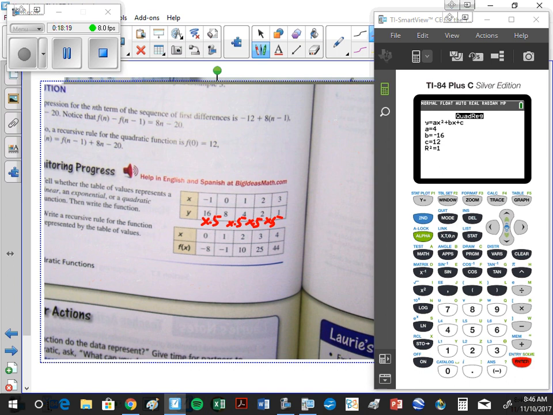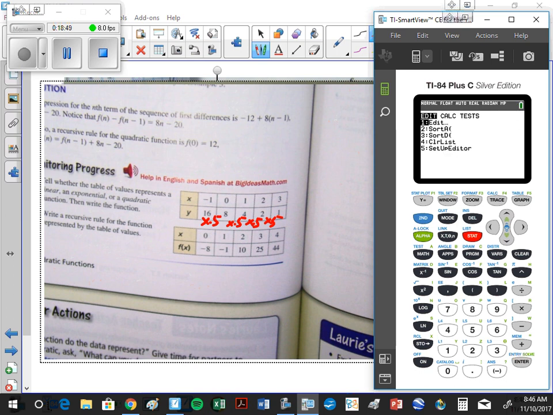So how many points do I need to create an exponential equation? Just 2. Go back into Stat and to Edit. And the Y values will be 16 and 8. And the X values will be -1 and 0.